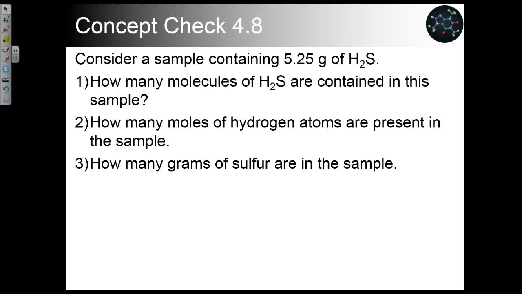So let's try this before we say that we have a sample of 5 grams of. So how many hydrogen atoms are present in the sample? How many grams?